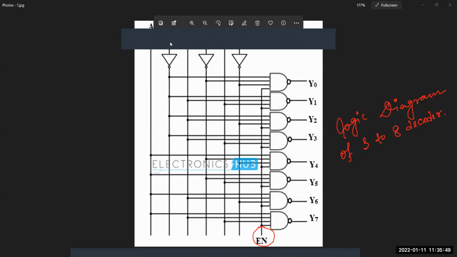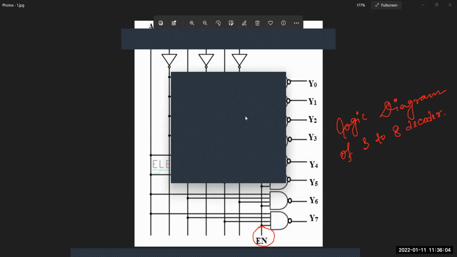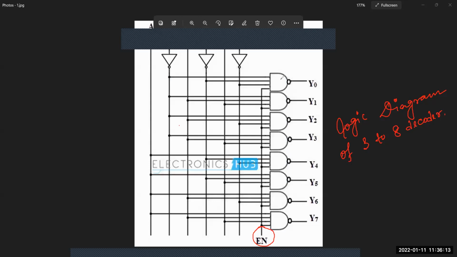You can see here, there are 3 inputs and 8 outputs, y0 to y7. I am asking you, is there any doubt, or is it understandable? Have you any doubt? Yes or no? No, sir. Okay.